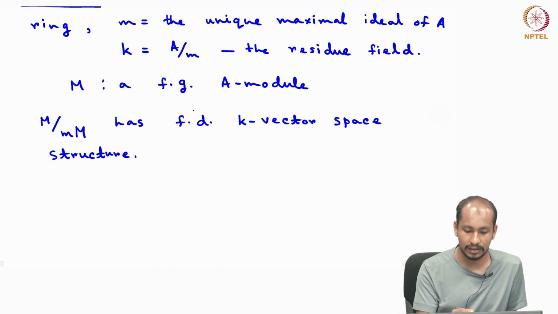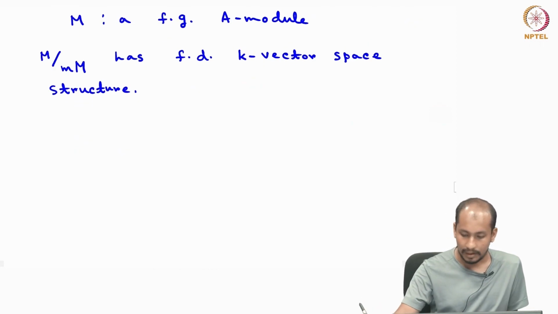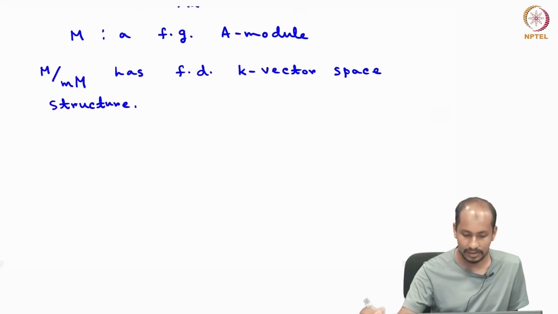This vector space structure is induced from the A module structure of M, right. Now this is just an observation, but the corollary states something else.